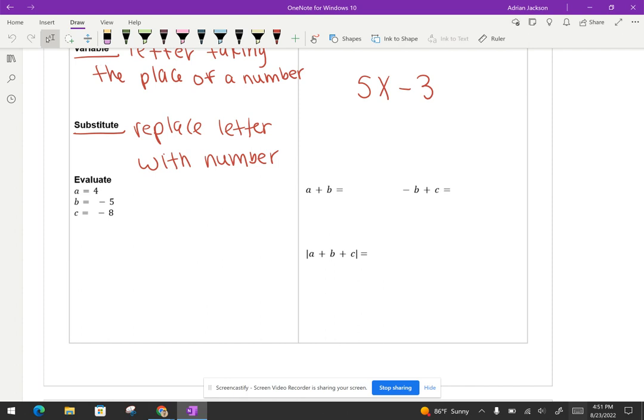So we have a plus b. If you see over here to the left, a is 4, so I'm going to put 4 right here. And then b is -5, so I'm going to put -5 right here. That gives me 4 plus -5.